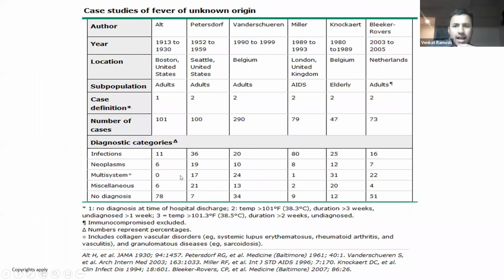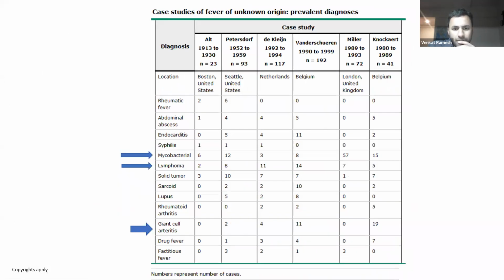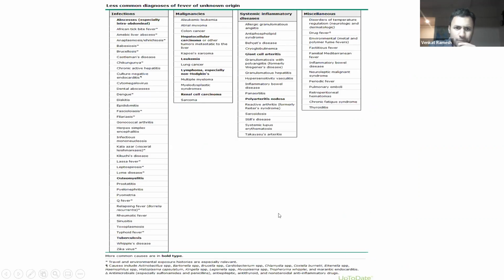And really how you think of pyrexia of unknown origin is in terms of infection, malignancy, autoimmune or rheumatological conditions, and miscellaneous conditions. A lot of it in various studies has been reported with mycobacterial infections, lymphoma, giant cell arteritis, and so on. So there's a very long list of possible causes.